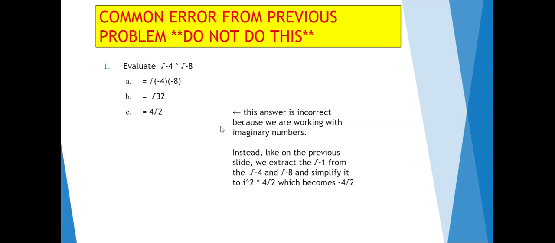This is incorrect because we know we're working with imaginary numbers. So instead, like on the previous slide, we have to extract the square root of -1 from the -4 and -8 square roots, and then simplify that to i squared times 4 root 2, which becomes -4 root 2.